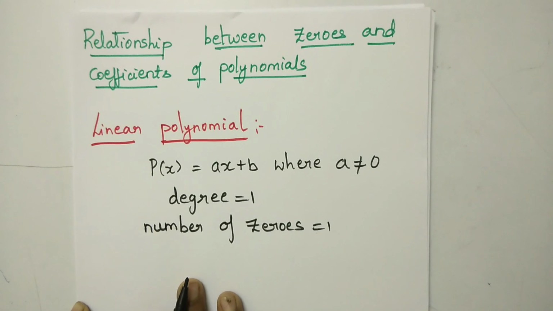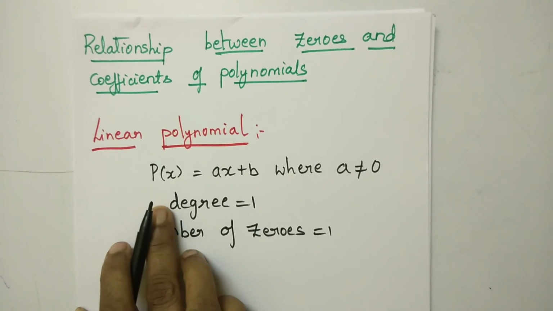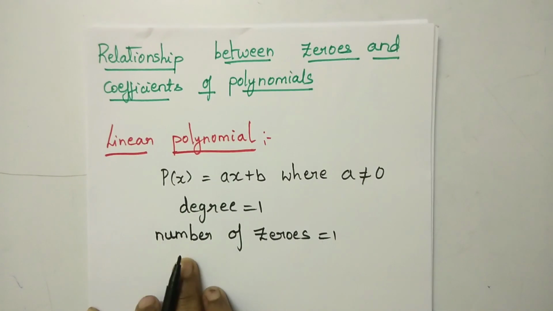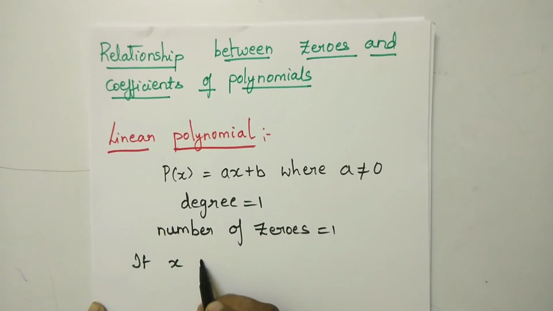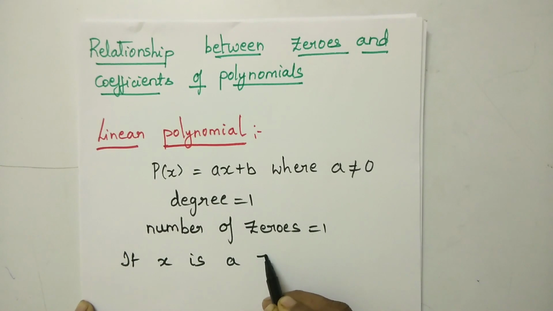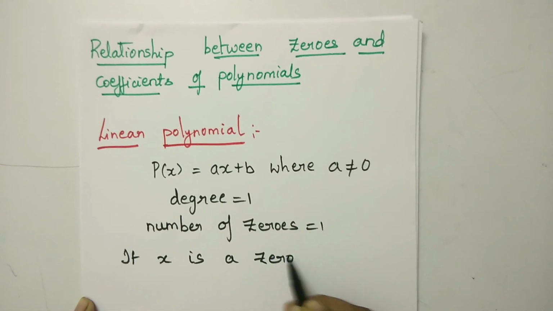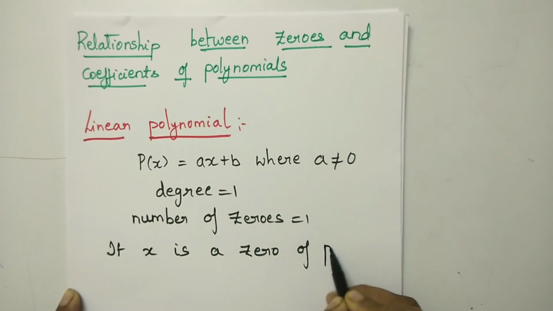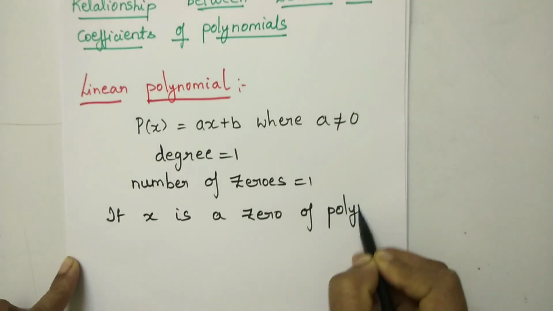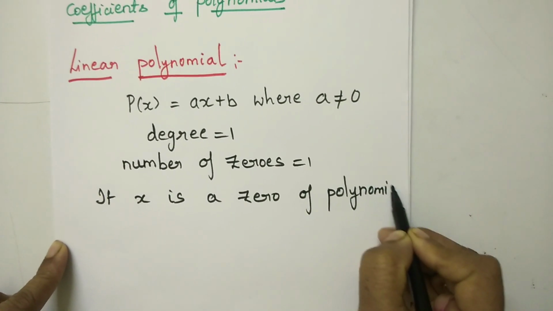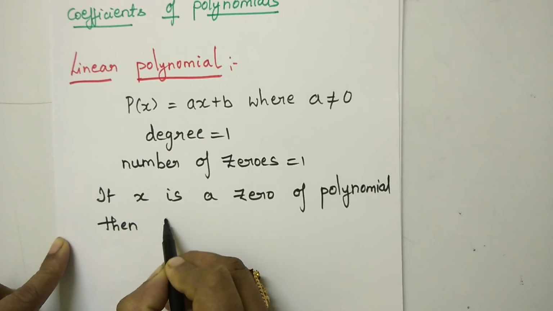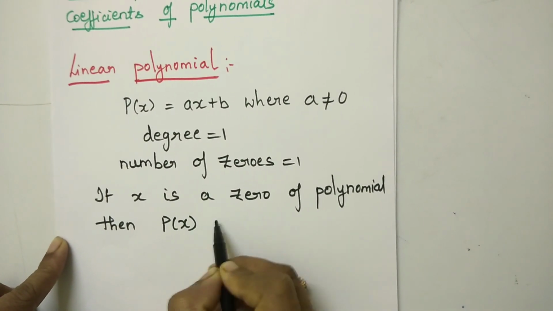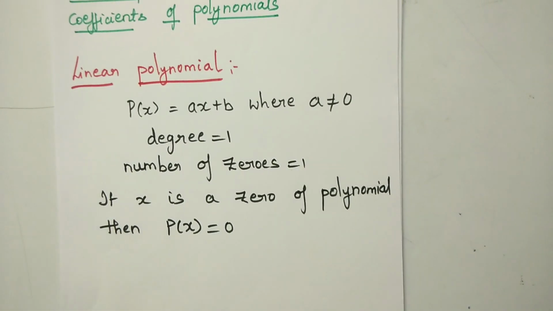Now, we know that if x is a zero of a polynomial, then p of x is equal to 0.